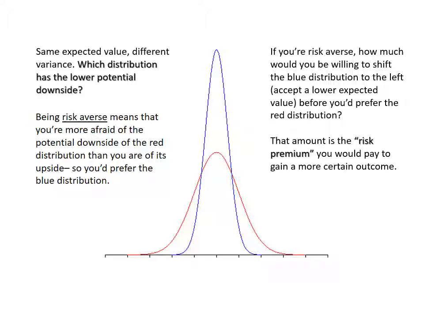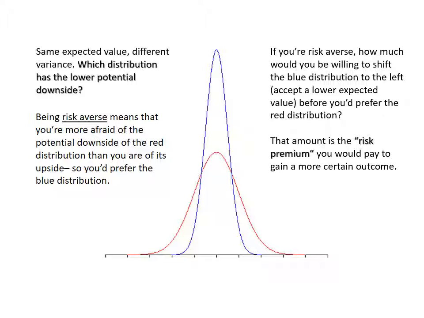That's the trade-off with choosing the more uncertain option in red. If you're risk averse, you see the tail off to the left, and you say, I care about that more than I care about the tail off to the right. And so you would prefer the blue option. You're willing to give up the potential upside in order to eliminate your potential downside.